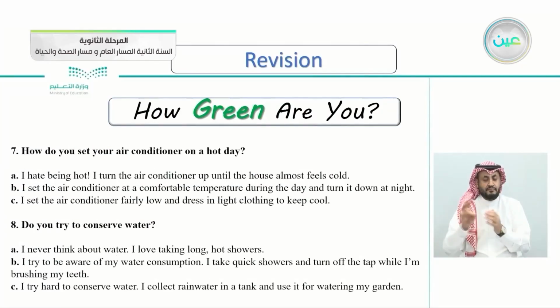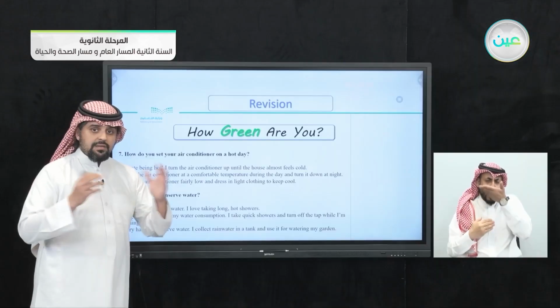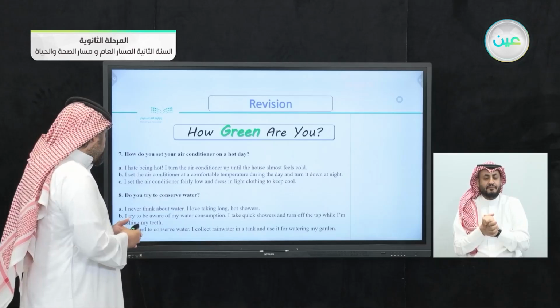Number 7 here, how do you set your air conditioner on a hot day? I hate being hot. I set the air conditioner at a comfortable temperature, or I set the air conditioner fairly low and dress light. 8 here, do you try to conserve water? Do you try to save water by any means necessary? A, I never think about water.